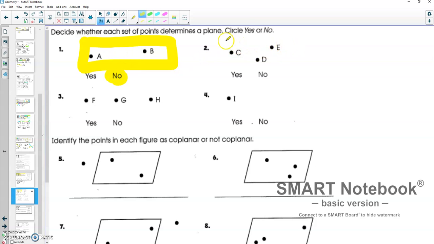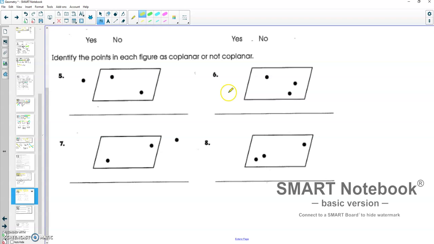Look here. If I drew a plane like this, are all 3 inside? Yeah. So this one can be used as a plane. I want you to look at number 3 and number 4. Determine it. Alright, 5 through 8.